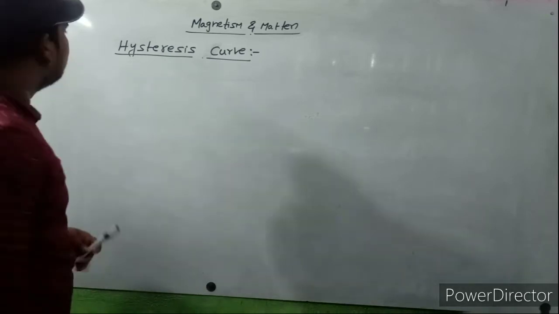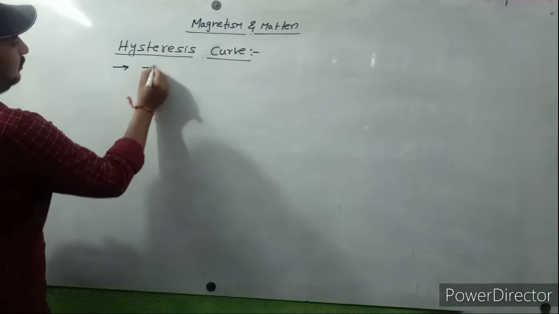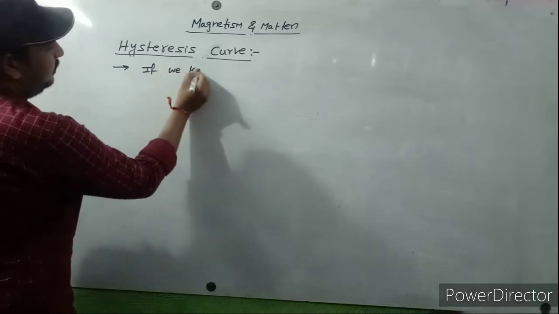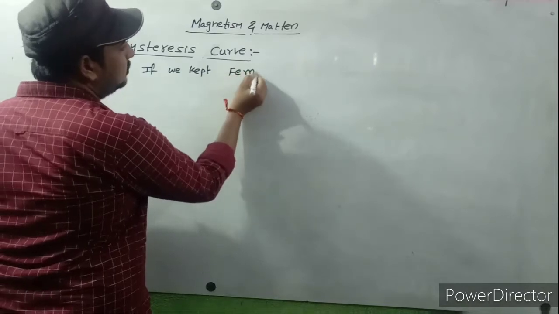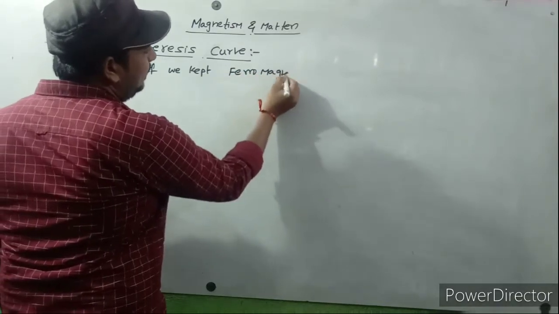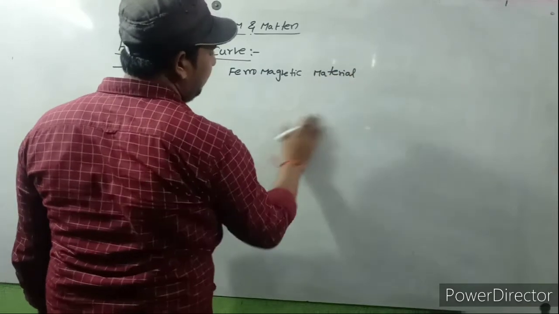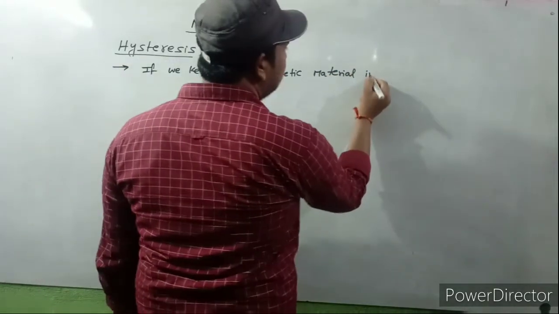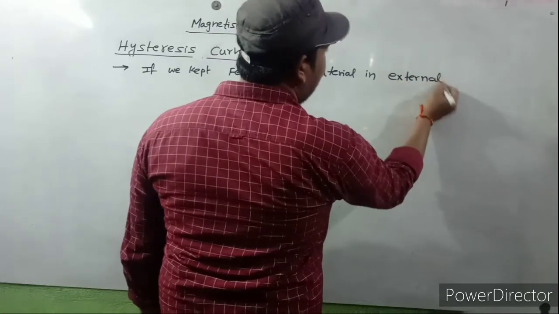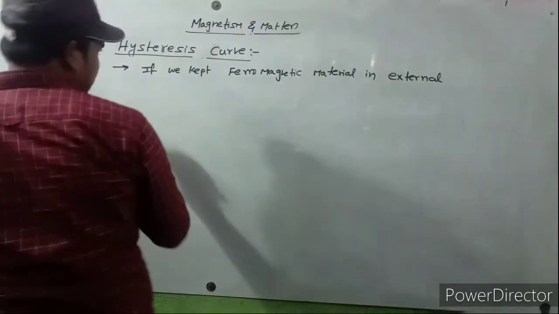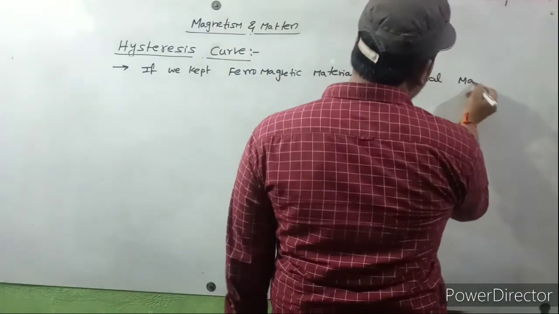Generally, if we keep a ferromagnetic material in an external magnetizing field, what is that?